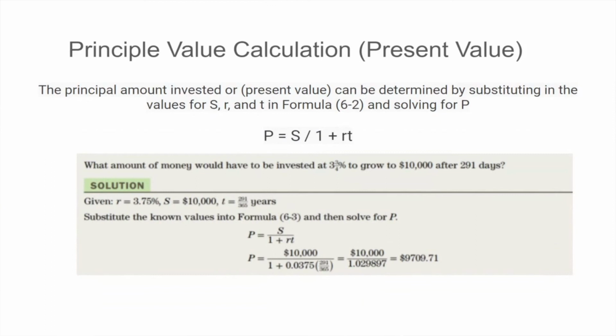We just throw that into the number line. We know the rate is 3.75%, which is 0.0375 in decimal. We've got the time, 291 days, and 365 days in a year, so 291 divided by 365. We throw those numbers into the formula.